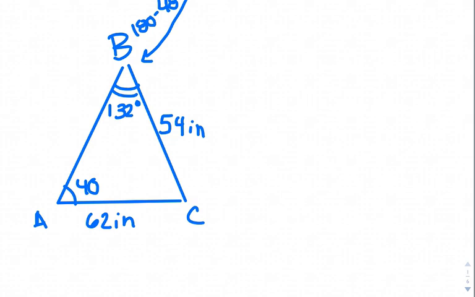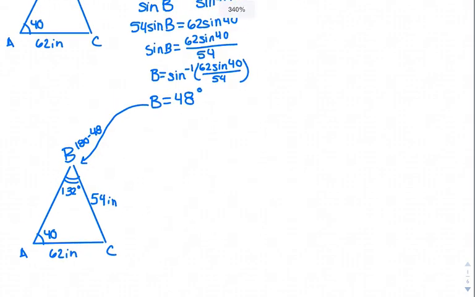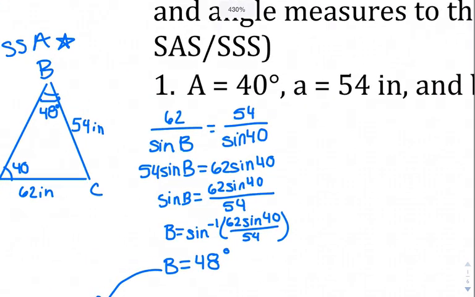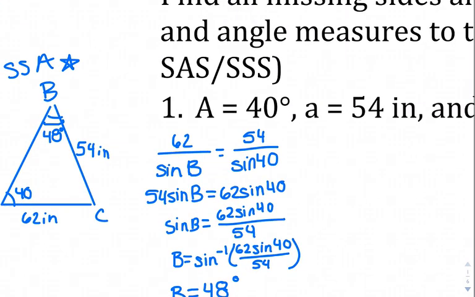If I look at 132 plus 40, I get 172. Now 172 is less than 180, and a triangle adds up to 180, so therefore this is a triangle. If when you add those two numbers it's greater than 180, then it cannot be a triangle. Since this is less than 180, it is a triangle. Therefore, I have to solve both of these triangles. So I'm going to go back up to the first one, and then I'm going to do the second one.